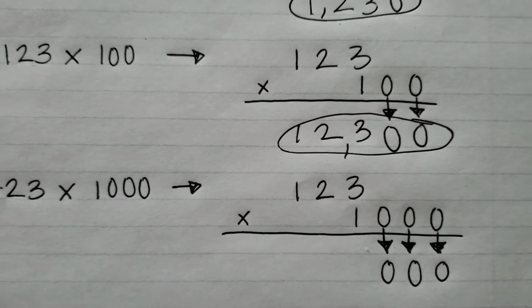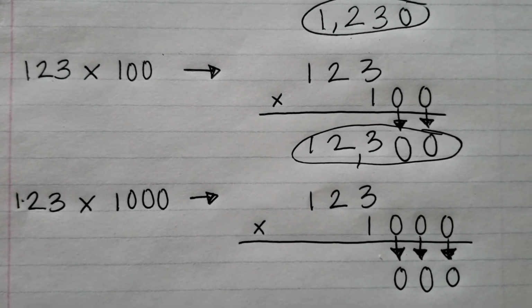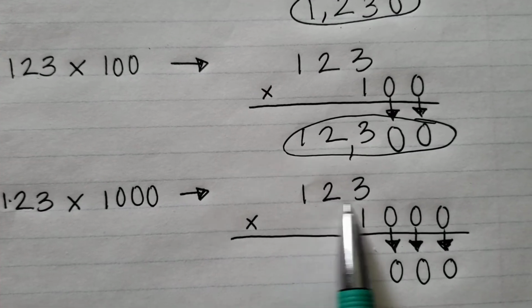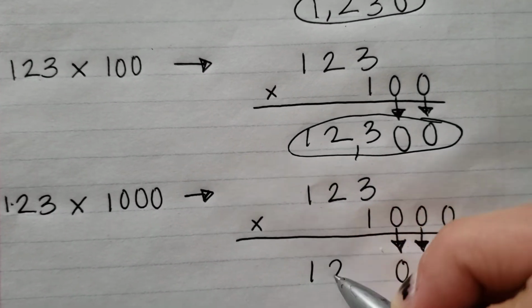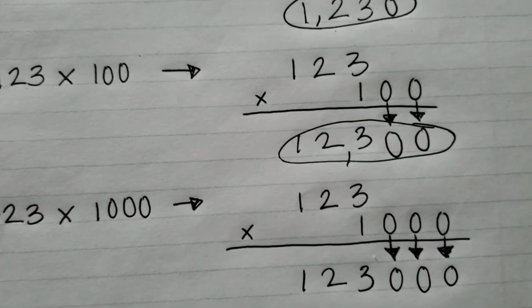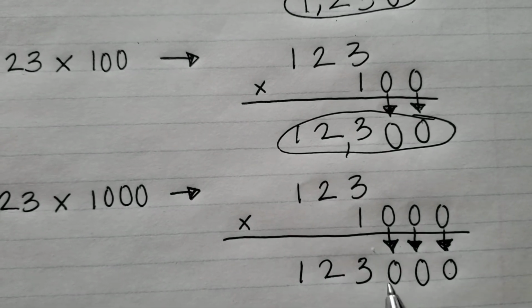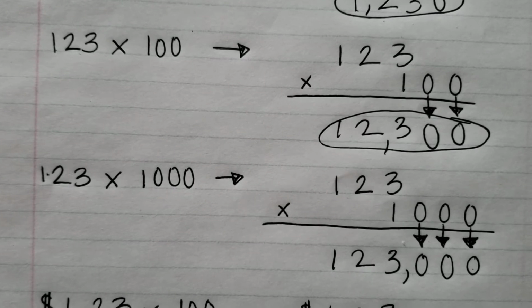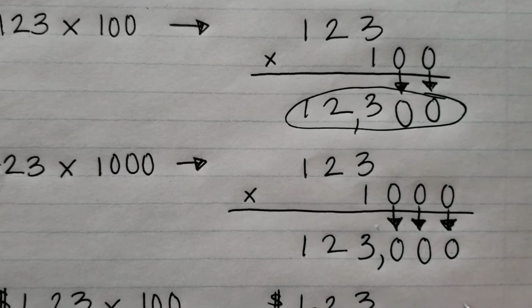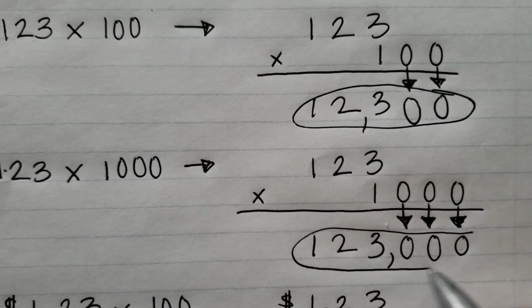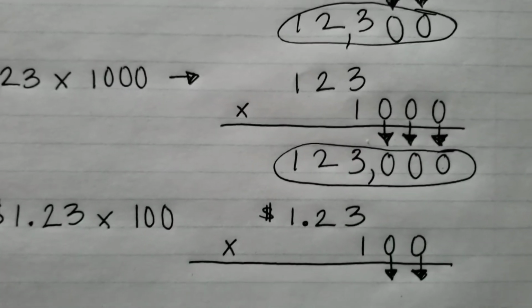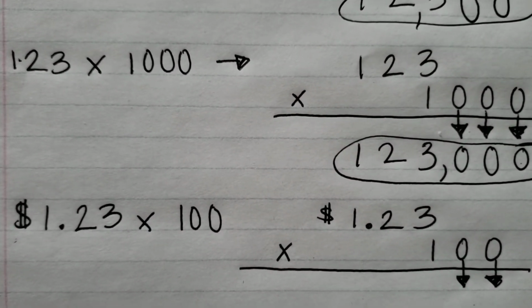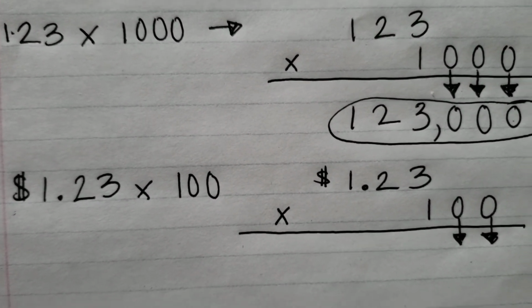So now in this problem, this answer is going to end in 3 zeros. 123 times 1 is 123. Count 3 numbers back. That's where my comma goes. So the answer to 123 times 1,000 is 123,000.